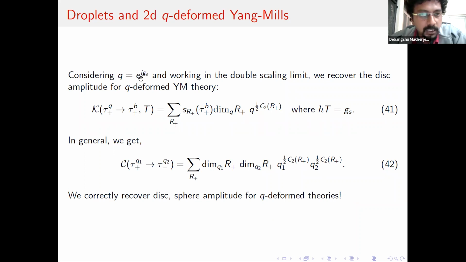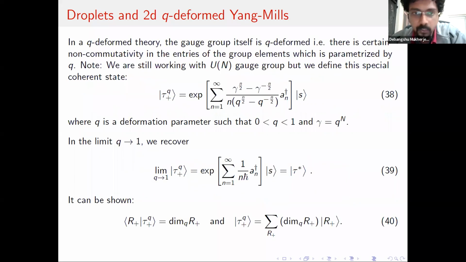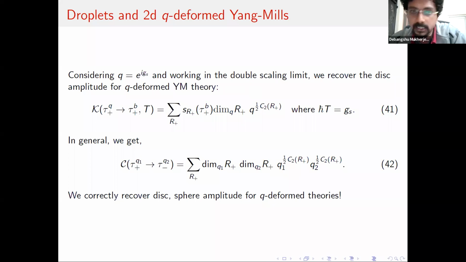Further, if you consider q to be e to the power i g_s, where g_s is something that you can retrospectively map to the string coupling, and you work in the double scaling limit. By double scaling limit, I should have written it down, what I mean is essentially N going to large, g_s going to small, such that N times g_s is equal to lambda, which is the usual 't Hooft coupling that we know of, and this remains fixed.